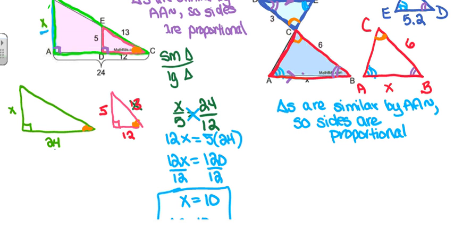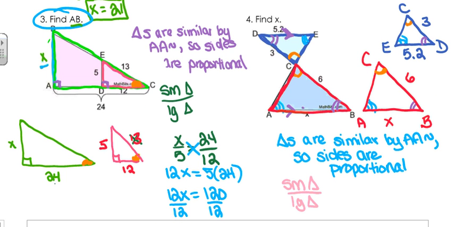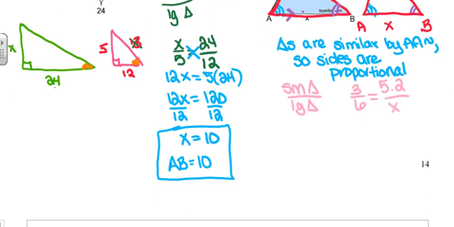So I'm going to write a proportion that matches up their corresponding sides. And again, I'm going to use small triangle over the corresponding side lengths in the large triangle. So 3 over 6, its corresponding side in the larger triangle, equals 5.2, the bottom side of the blue triangle, over x, its corresponding side in the larger triangle.